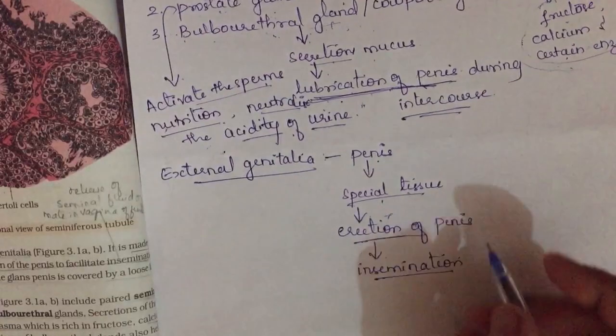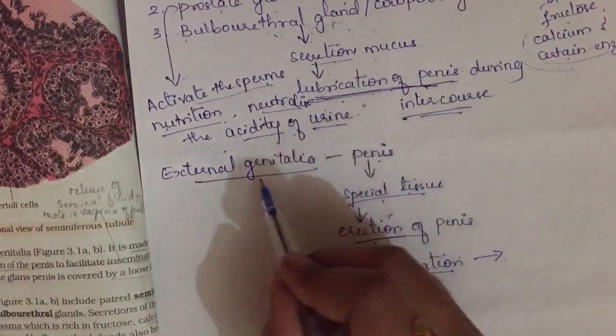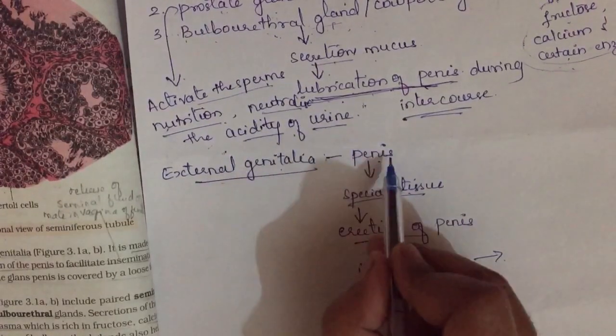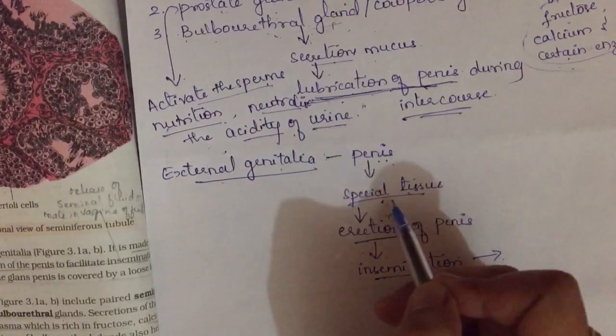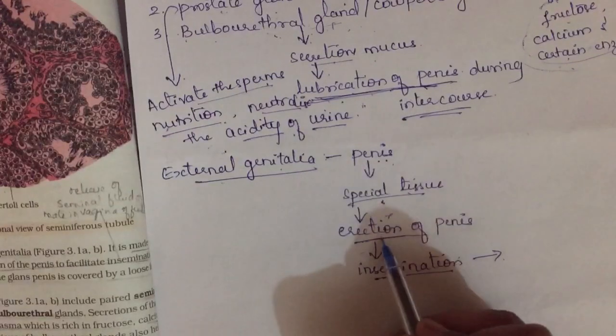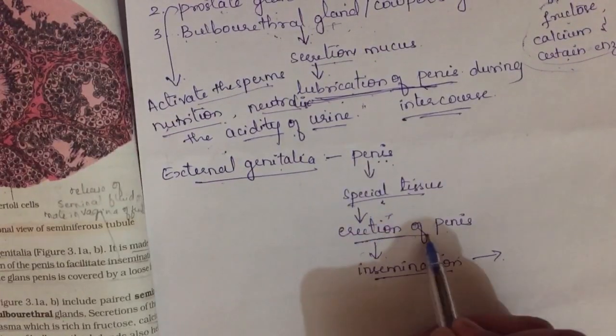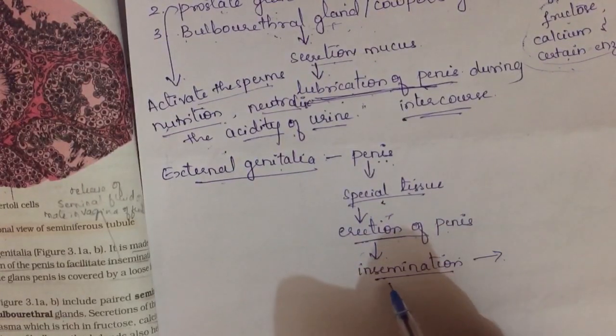Now the question is, what is insemination? As we said, the external genitalia includes the penis. The penis has special tissue, which is helpful for erection of the penis. Why should the penis be erected? So that it helps in insemination.